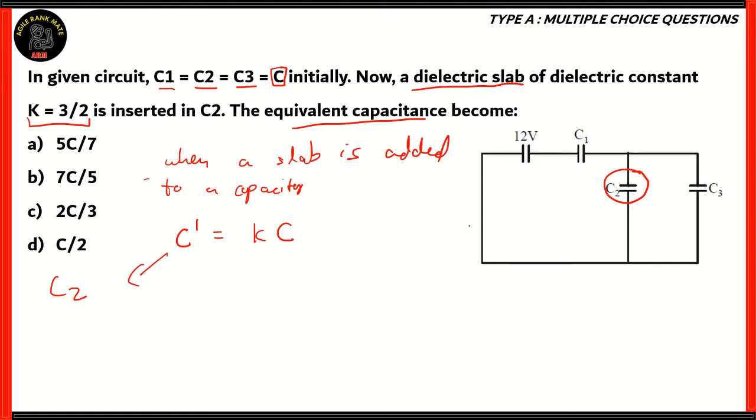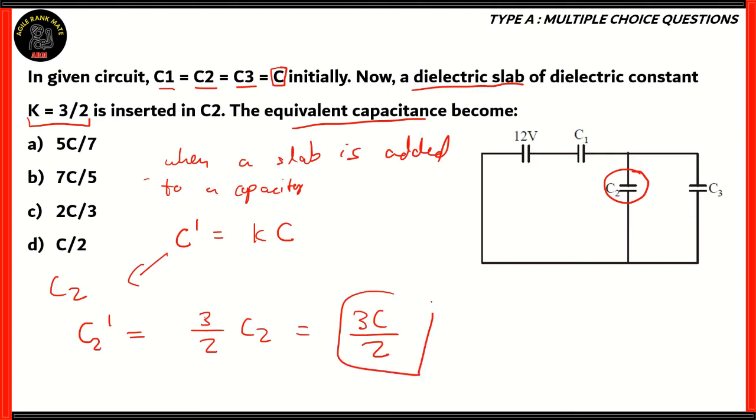Now, the dielectric constant of K 3/2 is added to the capacitor C2, so its new value, C2 dash, will be equal to 3/2 times C2, which is equal to 3C/2. So this is the new capacitance of capacitor C2.